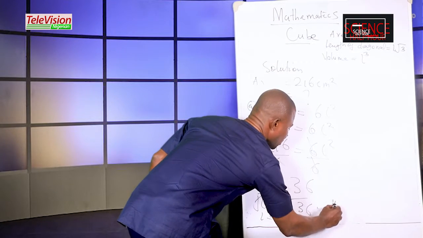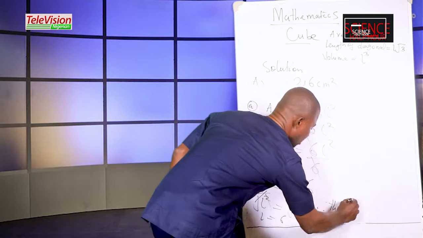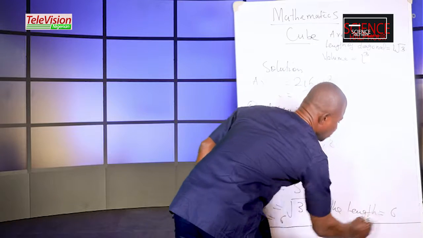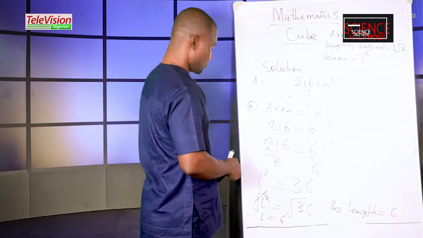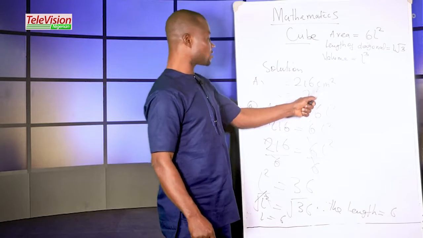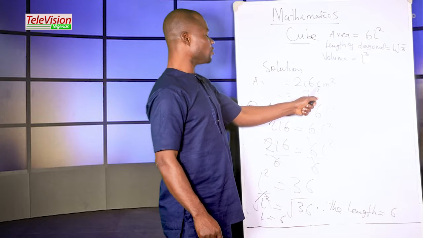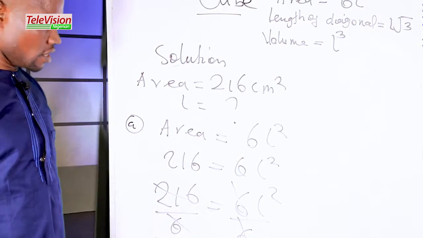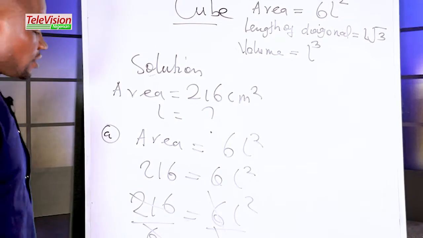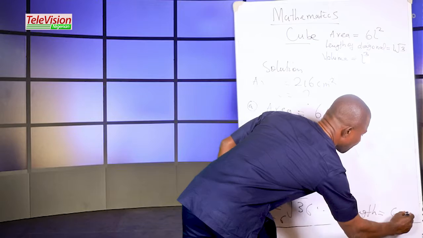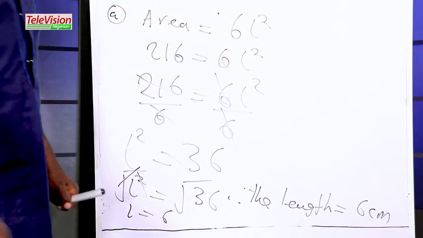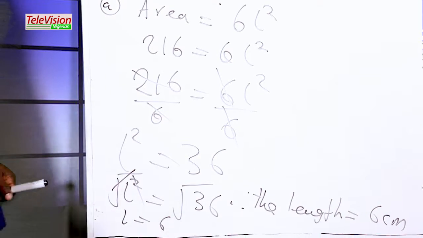Therefore, the length is equal to 6. What's the unit of the length? You go back to the question, and the unit of the area is cm squared. It means that the unit of the length is cm. Now the length is equal to 6 cm.